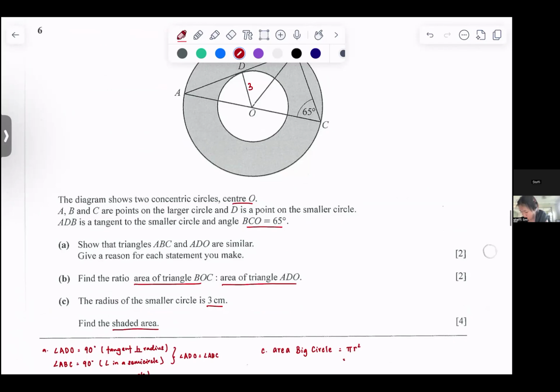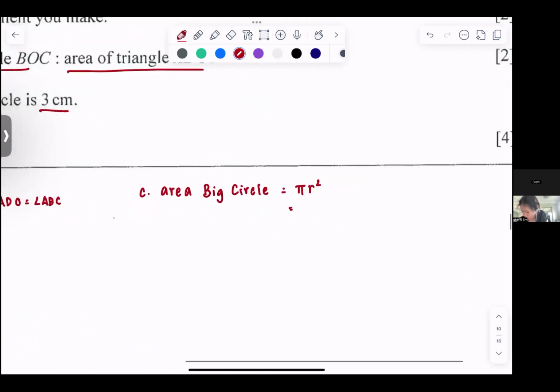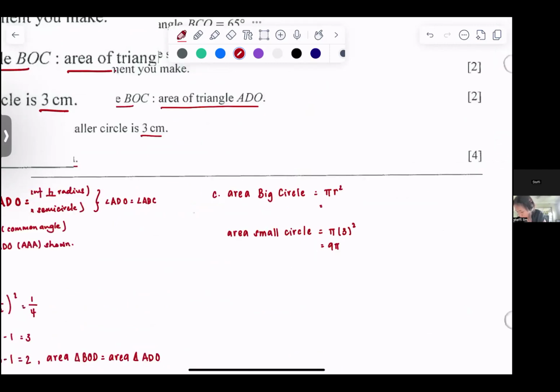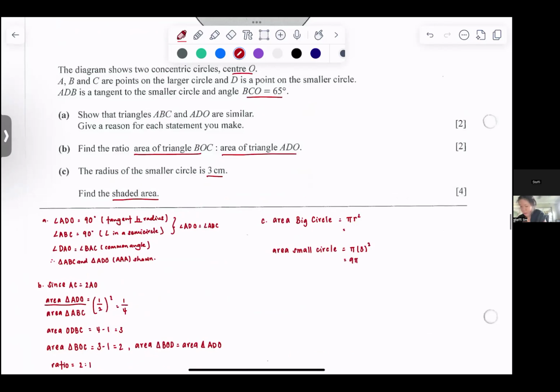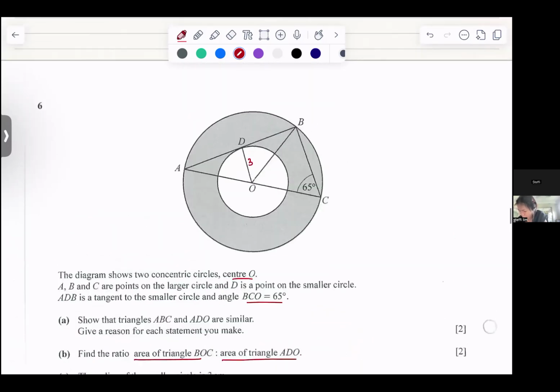How about our smaller circle? We know: area of small circle equals pi r squared, where r equals 3, so 9 pi. Now back to the big circle. How do we find the radius of the big circle, OA?